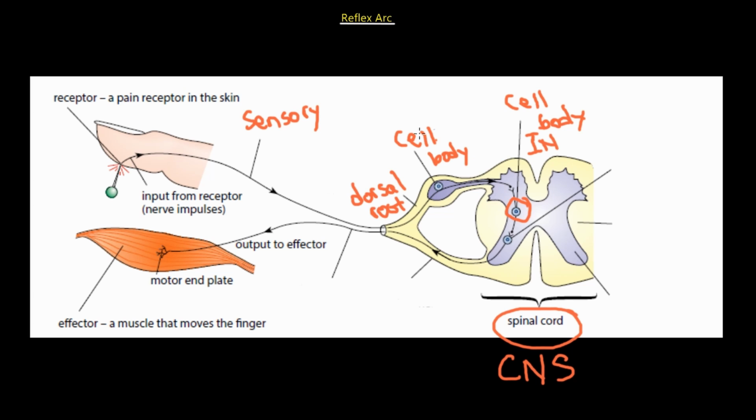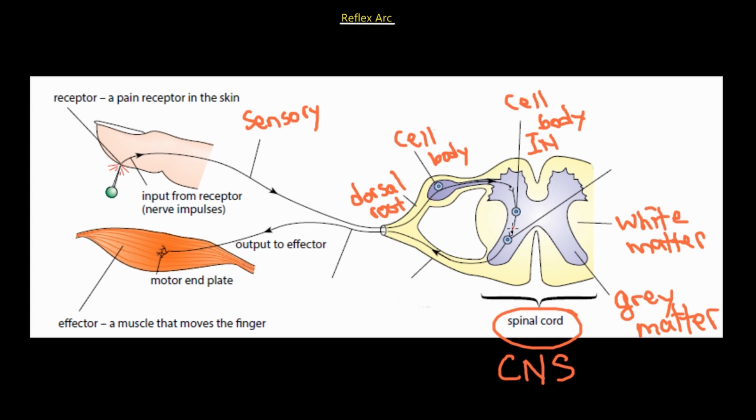That's right here, right in the center. Now this part here is called white matter, and in the gray matter we have most of the cell bodies. So the cell bodies are typically going to be located in the gray matter of the spinal cord, and in the white matter we're going to have mostly the axons. As you can see, the axon is going to be passing through this white matter part.